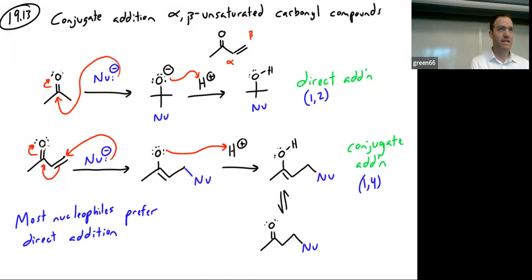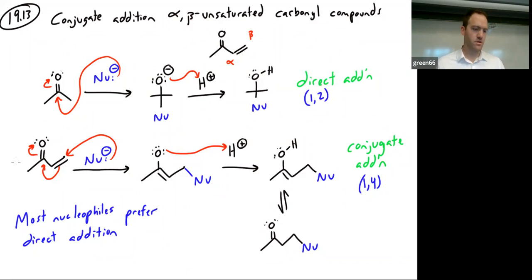This molecule could be attacked directly as well. I'm just showing you it attack the beta carbon, but a nucleophile could, if it wanted to, go straight here, right? It doesn't have to attack the beta carbon. Most of the nucleophiles we've talked about attack the carbonyl directly. I'm going to tell you about 2 nucleophiles that like to do this kind of addition, where they attack the beta carbon. And that might be helpful in separating out what type of attack you're going to see from what type of nucleophile.